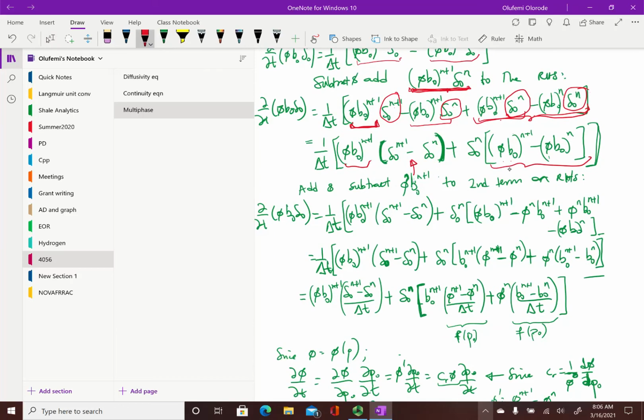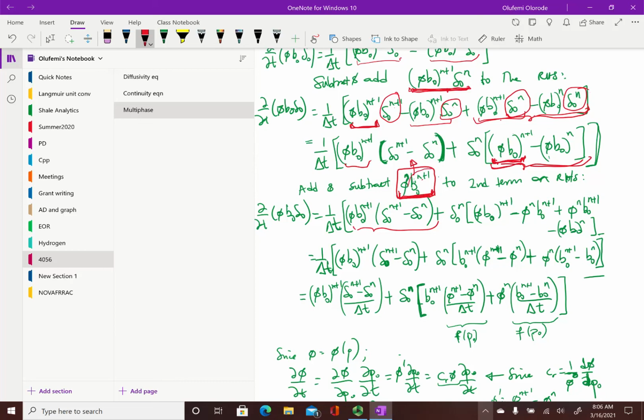Now, we work on this second term. We add and subtract phi at n, B naught at n plus 1, so that we can obtain this. So when you collect the like terms, it will be this term right here, minus what we're adding and subtracting, minus this. So what is common?